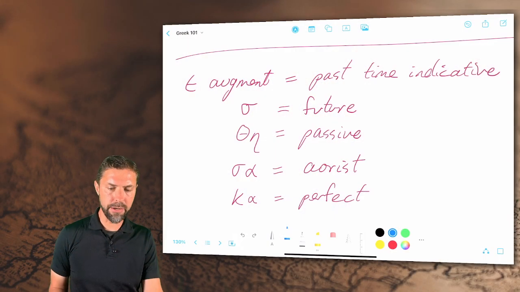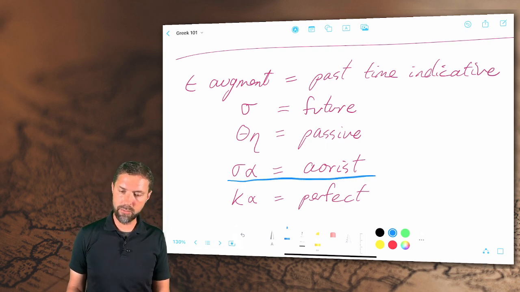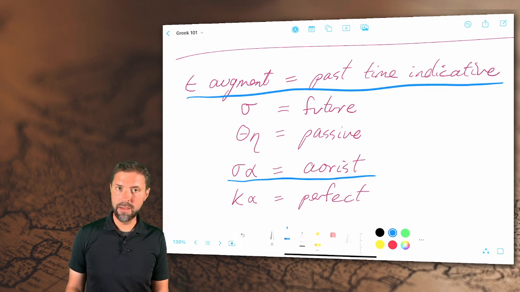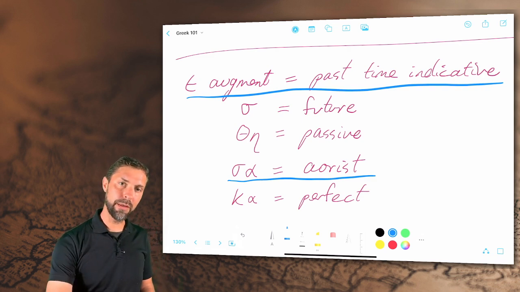And I'll make a little distinction of what that looks like. But if we just start here with these markers, you would recognize that not only do I have the sigma alpha aorist marker, but because it's a past time indicative tense, I also expect to have an augment. Okay, both of those will be critical for working with the aorist.